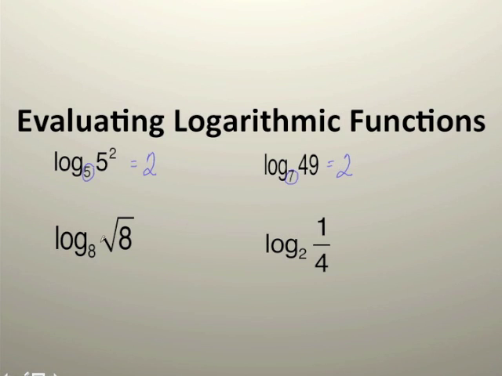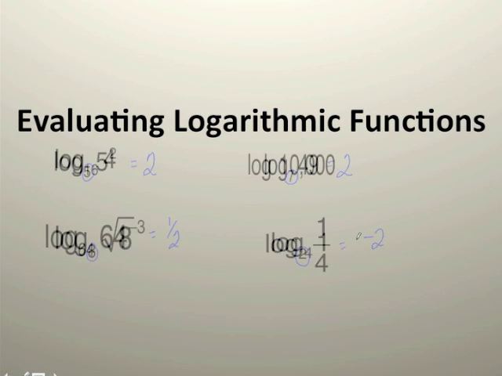What power do we raise 8 to get the square root of 8? The square root is the 1/2 power, so the exponent here is 1/2. What power do we raise 2 to get 1/4? That would be a negative because we flipped it over to get a 1 over, and 4 is 2 squared, so this would be -2.